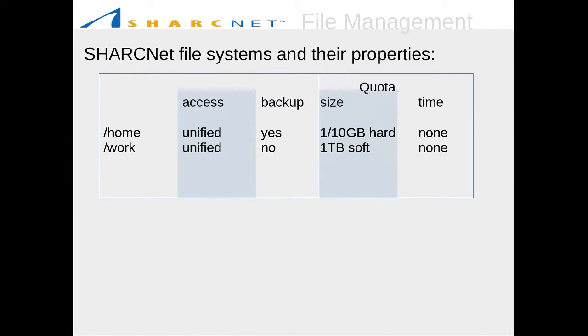Now, the work system is typically used during compute. Having a soft quota on this means that if compute is happening and you are generating large files and many files, if during that computation you exceed your quota, you won't end up getting any write errors.